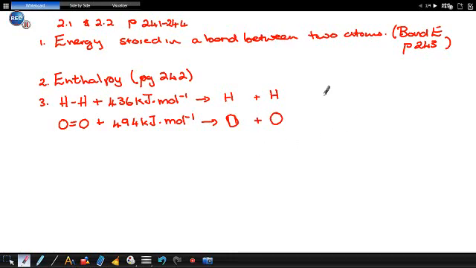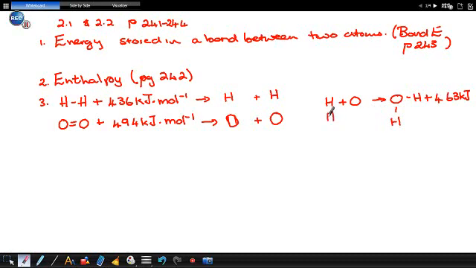Now, when the hydrogen and the oxygen come together to make the OH bond, it releases energy, and the energy that is released is 463 kilojoules, and it's for 2 oxygen hydrogen bonds.